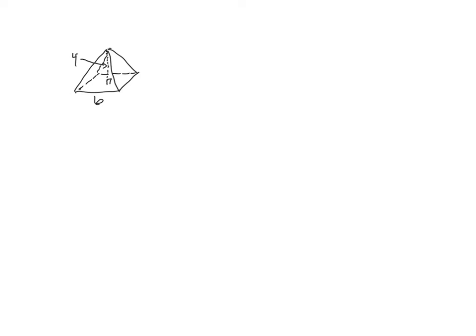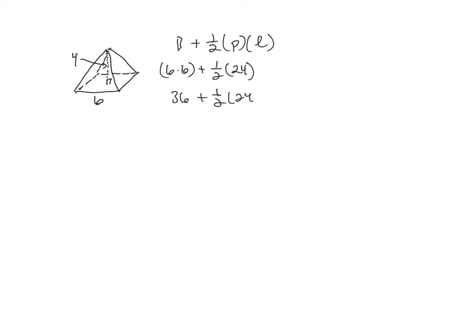All right, so area of the base plus half perimeter of the base times slant height. So area of the base, I have that, 6 times 6. Perimeter of the base, 6 plus 6 plus 6 plus 6. I have that. What I don't have is the slant height. Okay, the slant height, again, is right there.